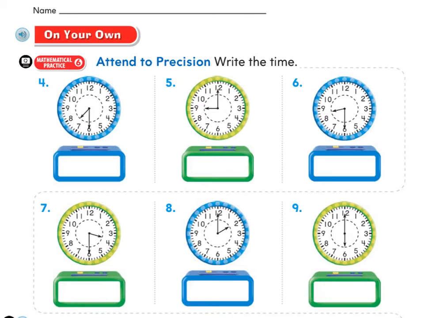On page 557, continue to write the time. So carefully look at where the hour hand is pointing, and the minute hand also gives you a big clue, and write the time down below. And do the same thing for all of these through 9.